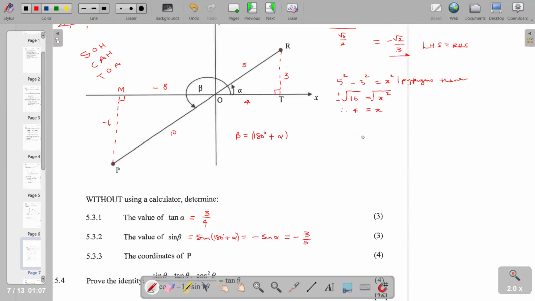So we are going to say triangle PMO is similar to triangle RTO, considering that T will be the foot of that.